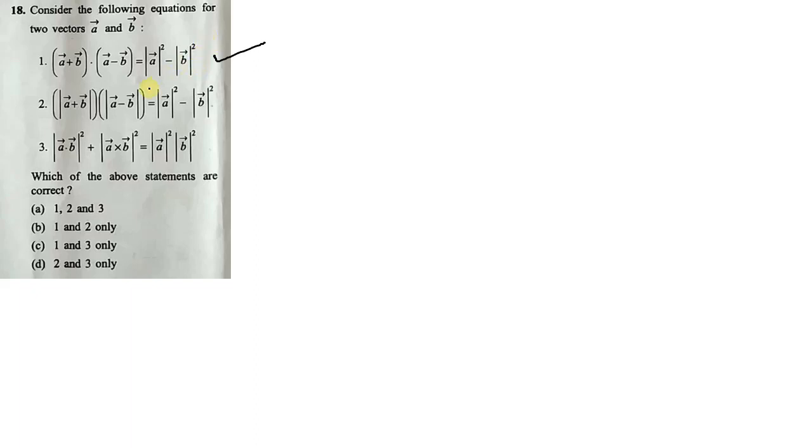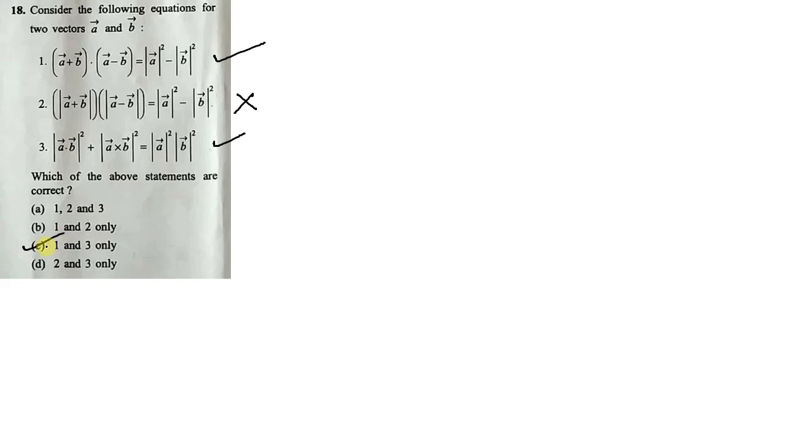Simply, if the first statement is correct, then obviously the second statement is incorrect, because the products of the two expressions are not the same in different ways. And the third one: magnitude of A vector dot B vector square plus magnitude of A vector cross B vector square is equal to magnitude of A square times magnitude of B square. Yes, this one is also correct. So our answer should be option C, which is first and third only.